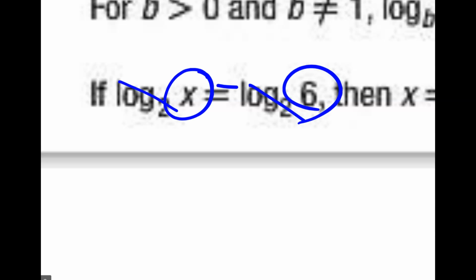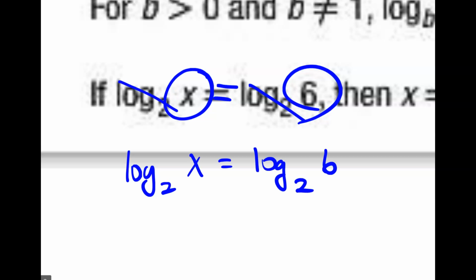Over here, I have log base 2 of x equals log base 2 of 6. Imagine if they both have log base 2, I could set the insides equal to each other because it's an equal sign. Or you could think about it this way if you don't like thinking of it that way. Imagine I put both sides as 2 to the power of the side.